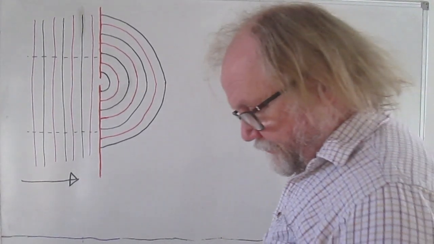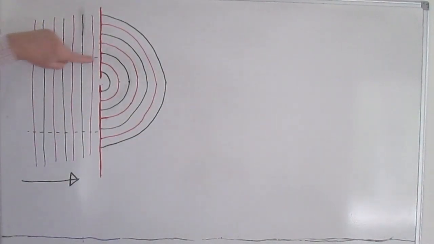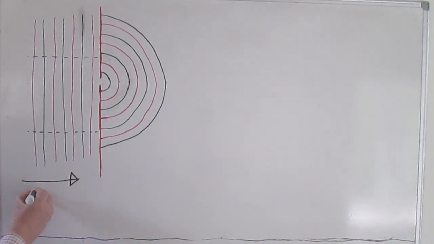And what that means is that if we take any line like this one, or this one, going in the direction of propagation, then if you looked at it in cross-section, here you're looking down on top of the plane, but if you looked at it from the side, what you would see would be a wave going from peak to trough, to peak to trough, to peak to trough, to peak, and so on.